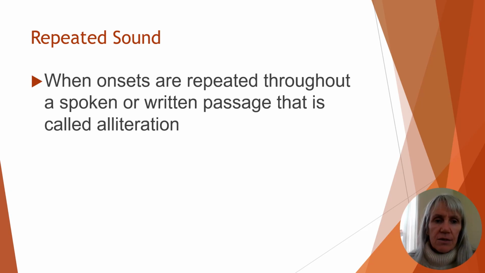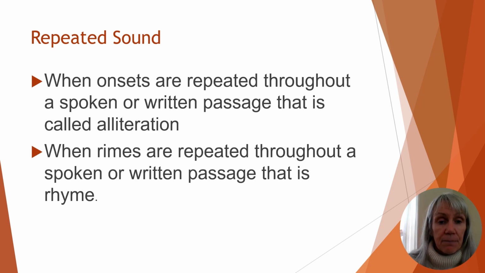So when onsets are repeated throughout a spoken or written passage, that is called alliteration. So our onsets, remember, are the consonant sounds that come before the vowel sound in a short one-syllable word or word part. And when these are repeated, what we're going to hear is what's called alliteration, a sliding over those words that we're hearing.